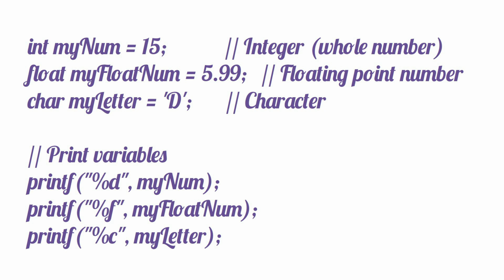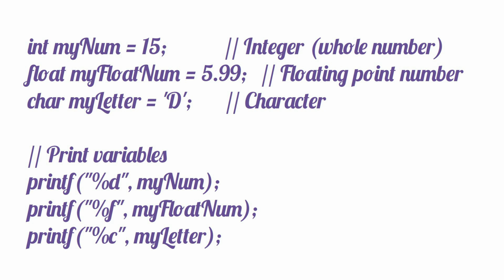Close the round brackets and put a semicolon to denote the end of the statement. Next, printf. Now I am printing a character. So open the round bracket, double quotes, percentage c, because it's a character value, double quotes close, comma, the name of the variable, that is my letter. Close the round bracket and semicolon. Now, when I run this code, this will be the output.